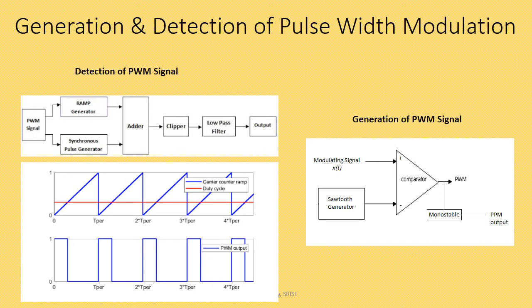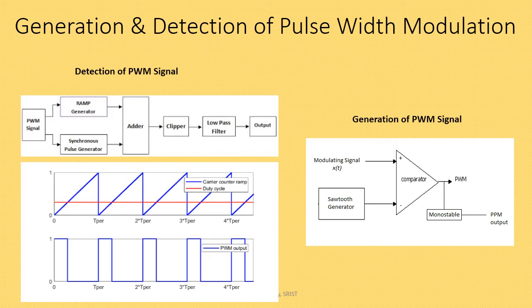This gives rise to a PWM signal at the comparator output, as shown in the figure. Here it may be noted that the leading edges of the PWM waveform coincide with the falling edge of the ramp signal.